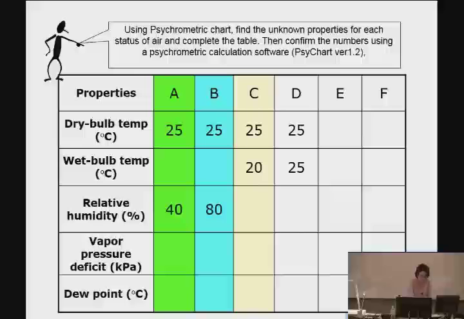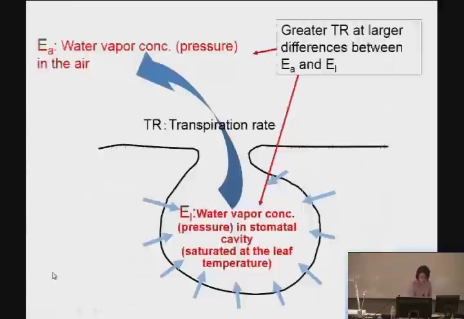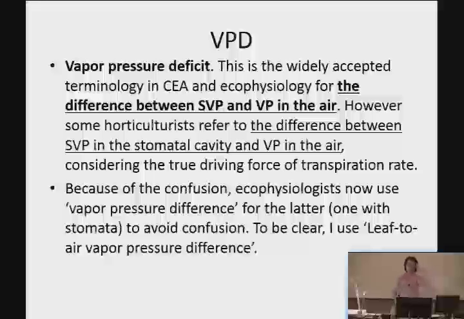Okay, so I want to do the terminology clarification first. Where is that? Here. Okay, so I just mentioned the VPD issue in the digital psychrometric chart, because people use VPD in different ways, and it's not really settled yet.